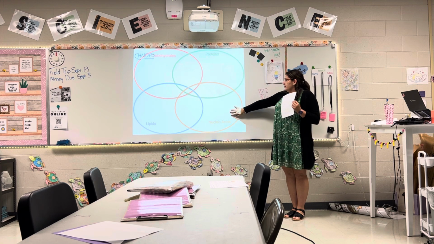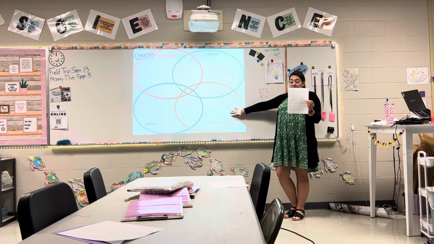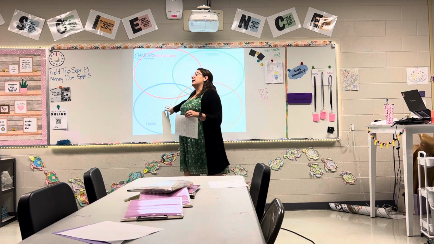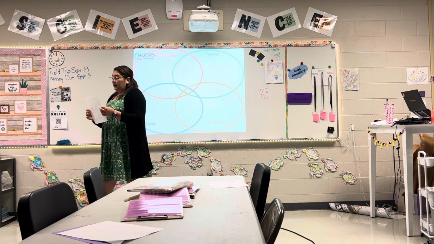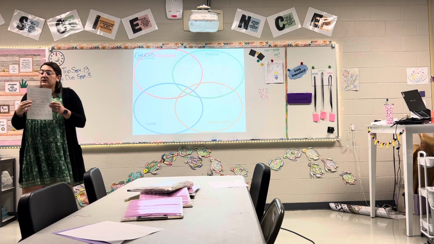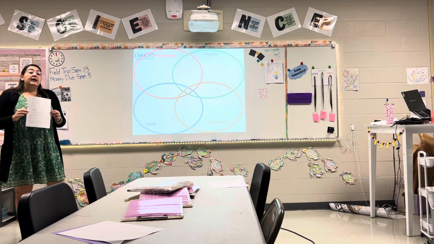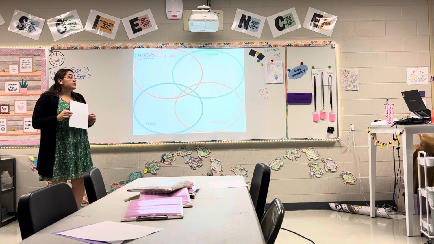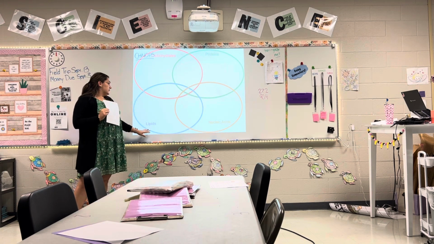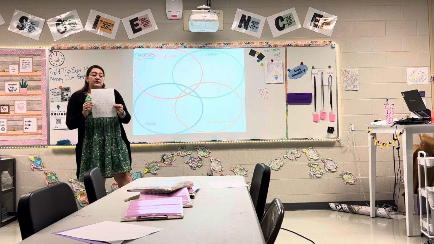I want you to color the monomers that make up nucleic acids orange or yellow, and the monomers that make up lipids, blue. After you color those monomers, you're gonna cut them out and glue them together in order to build the polymers or the macromolecules, carbohydrates, proteins, lipids, and nucleic acids.